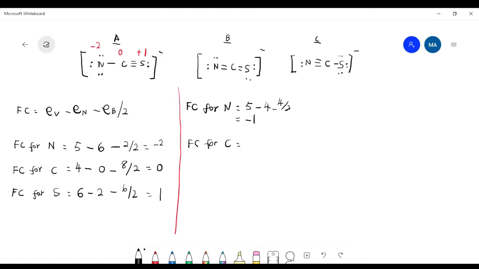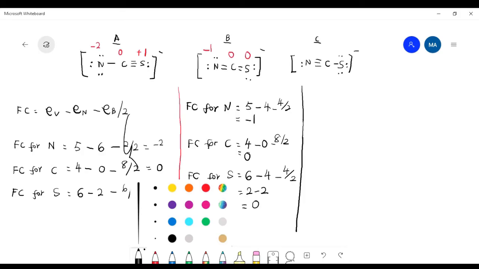Carbon here is 4 minus 0 minus 8 divided by 2, so it is 0. And now we look at FC for sulfur. Sulfur has 6 valence electrons minus 4 unshared electrons minus 4 bonded divided by 2. So it is 2 minus 2 equals 0. So in this case, nitrogen is minus 1, then 0 and 0.